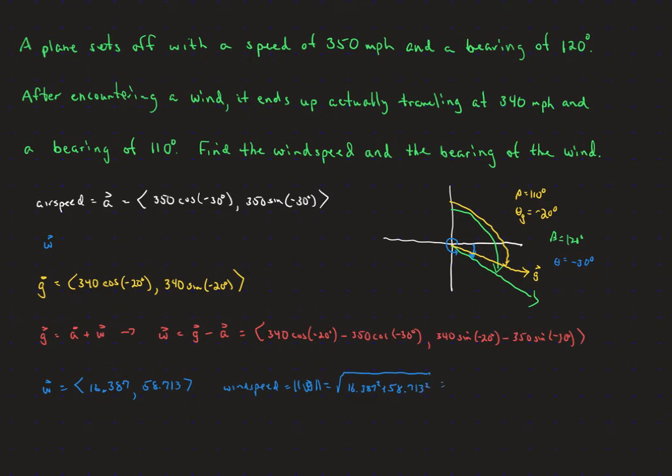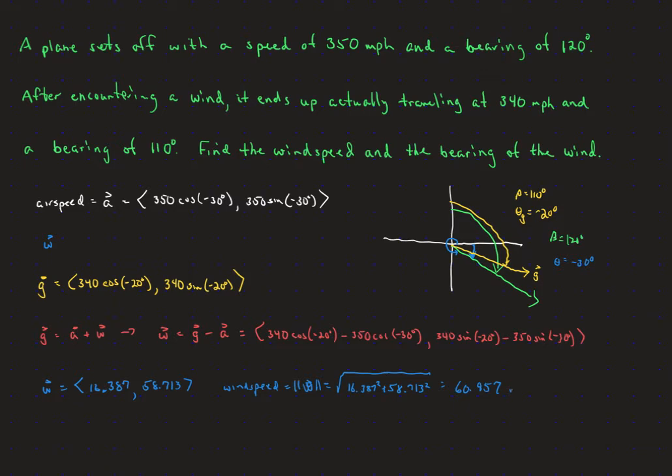Okay, so I've got the square root of, I'm going to go up and capture that 16 point whatever, and then square that, then plus, and then capture the 58 point whatever, and square that, and then hit enter, and I'm getting 60.957.